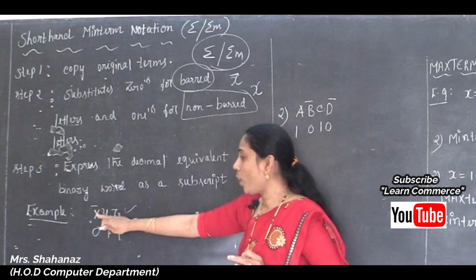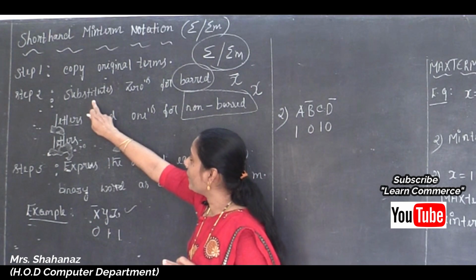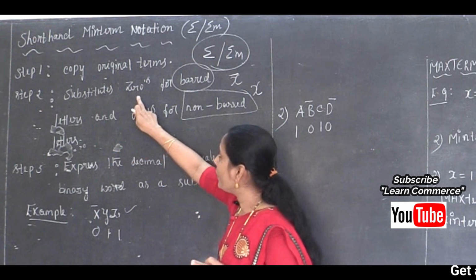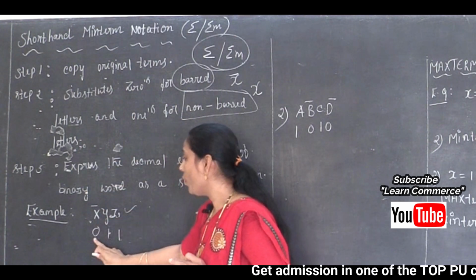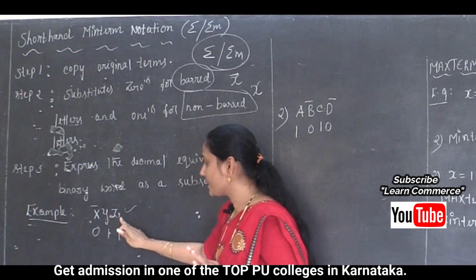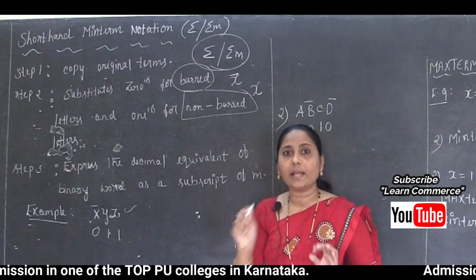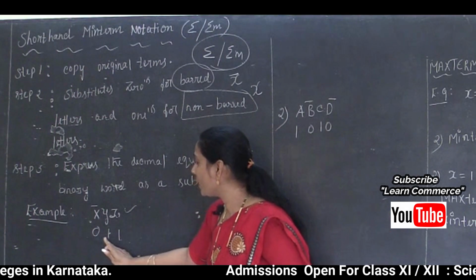That means the complement of x is equal to 0. So you have to remember this point: substitute zeros for barred letters. For y and z no complement is there, so the number we take is 1. So 0, 1, 1 here.